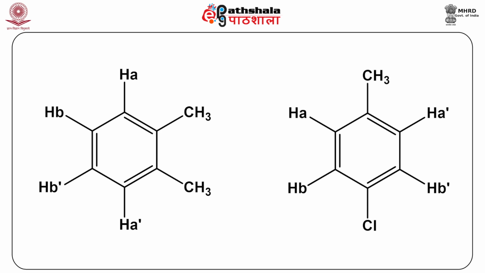One can expect a doublet of doublets for each signal. Let us talk about either proton HA. The HA proton at C3 has a 3J coupling to the nearest HB proton, that is the proton at the C4 position, and a 4J coupling to the other HB proton, that is the proton at C5 position.